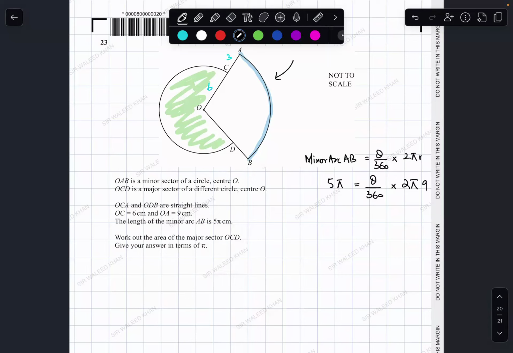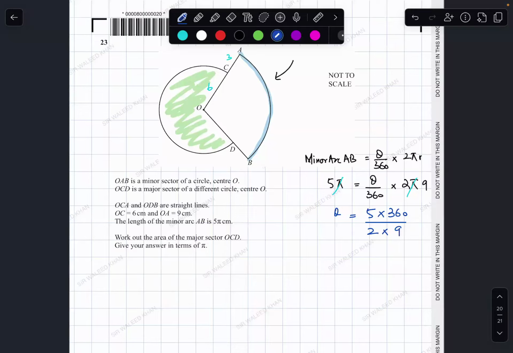So we can do some cancellation. Divide the whole equation by pi. The pi can cancel out. Let me arrange it first so that we can calculate. So theta is equal to 5 times 360 divided by 2 times 9.